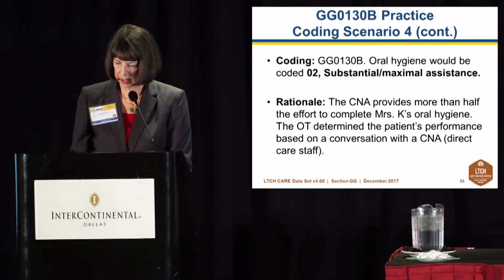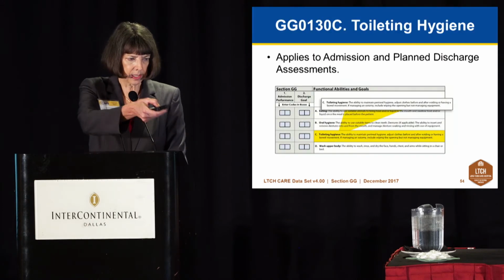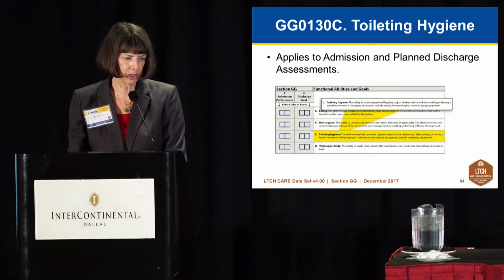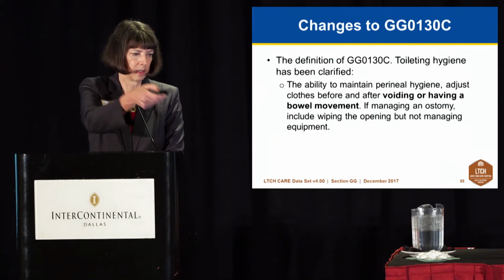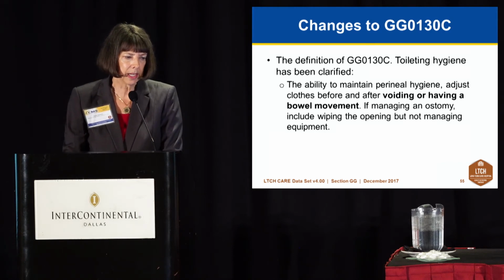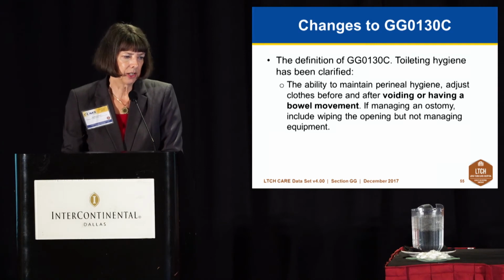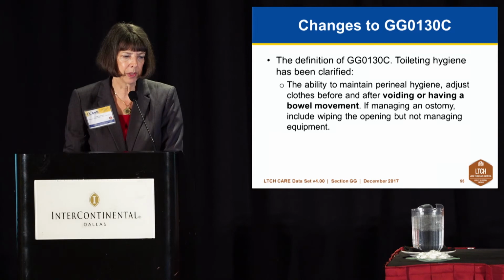So let's go through toileting hygiene. This applies at admission and planned discharge. Our definition has been clarified, so now it reads: for toileting hygiene, the ability to maintain perineal hygiene and adjust clothes before and after voiding or having a bowel movement.